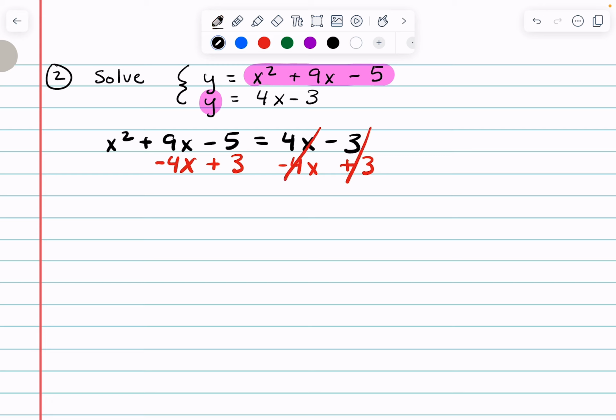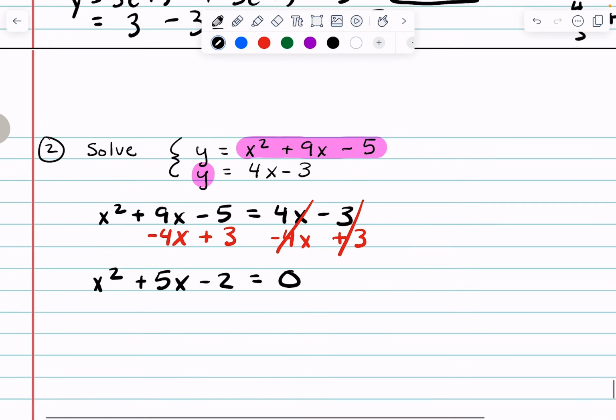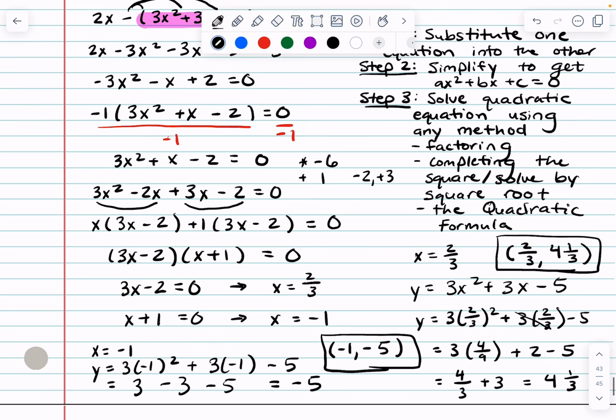And on the left-hand side, I have x squared, and then 9x minus 4x is 5x, and then negative 5 plus 3 is negative 2. That is equal to 0. All right, so now I have a quadratic equation that is equal to 0. So what I can do is solve the quadratic equation by either factoring, completing the square and then solving by square rooting, or the quadratic formula.